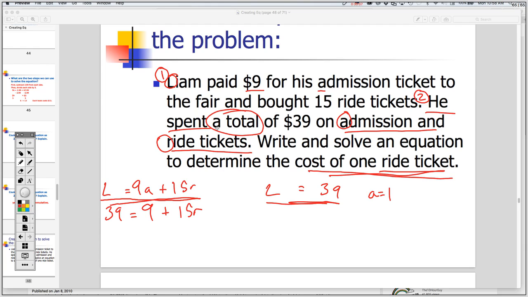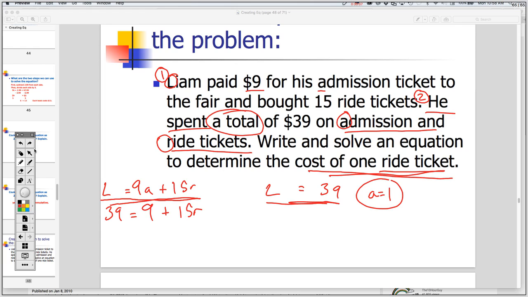39 equals 9 plus 15R. So we've done two-step equations. I want you guys to actually solve for it. Okay, so I highlighted the first and second sentence. So you have 39 equals 9 plus 15R.